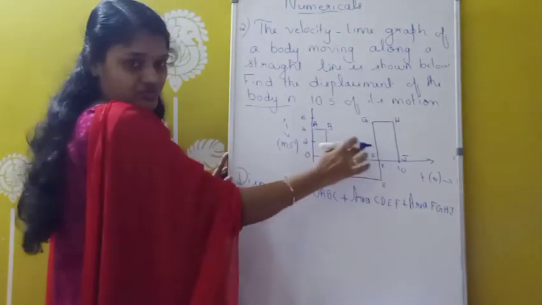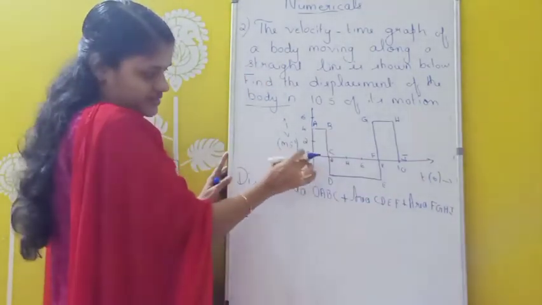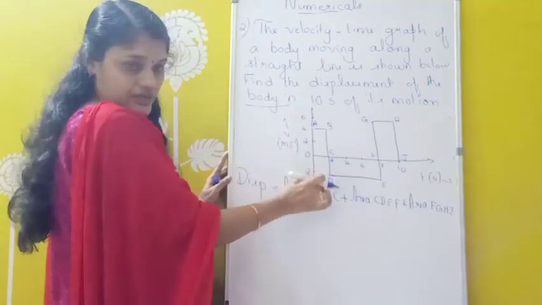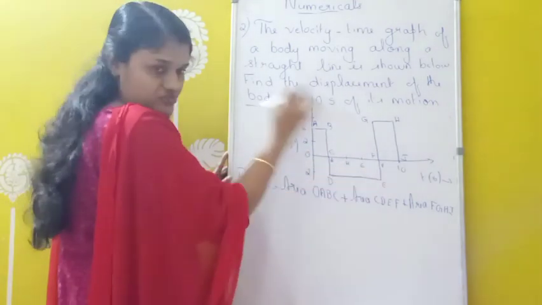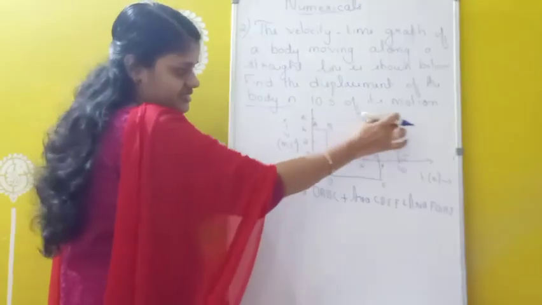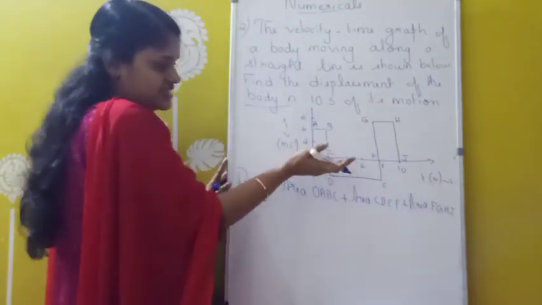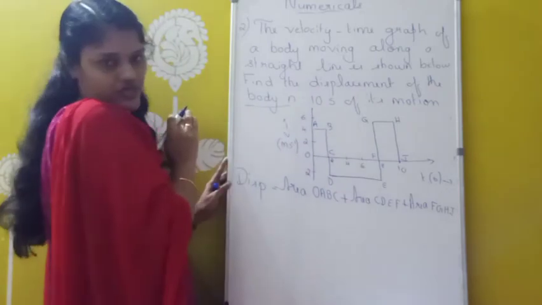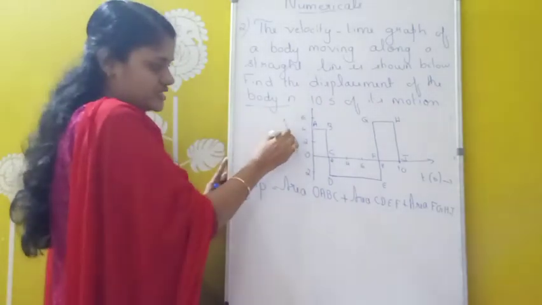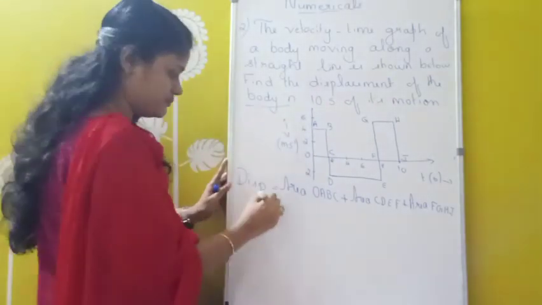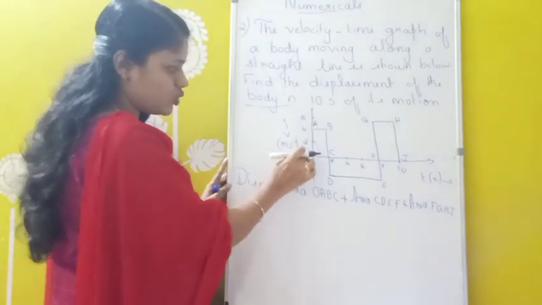So the area under the graph means area OABC plus area CDEF plus area FGHI. We have to add all these areas, and that will give the displacement covered by this body, because the area under the velocity time graph gives displacement.